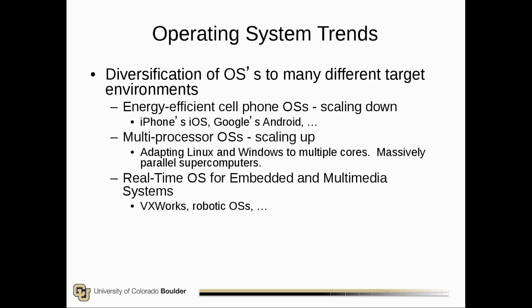And then we also have real-time OSs, which have been around for quite a while, but they're becoming extremely important in the area of robotics, where they're having to do a lot more than they used to. You have a normal embedded device in your home, which did very simple things like a microwave maybe, but robots in particular are extremely complex and need to do a lot, so OSs are having to grow there.